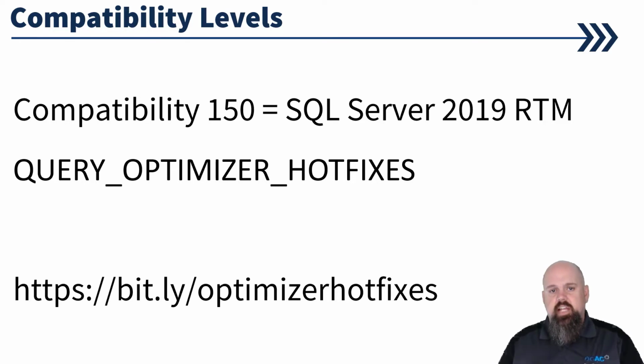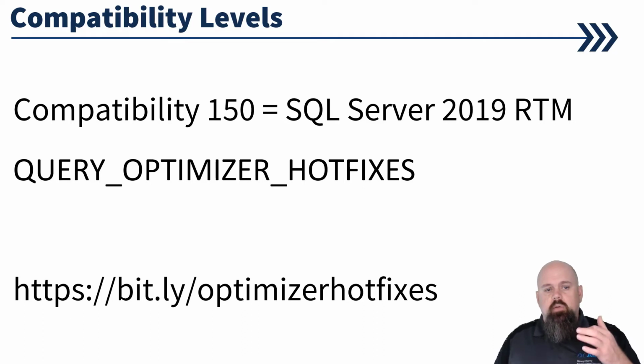What this does is tell the database to function. Let's say, I think right now at the time of this recording, CU8 is the most recent cumulative update from SQL Server 2019, if my memory serves. Let's say they released a query optimizer hotfix somewhere between CU1 and CU8.